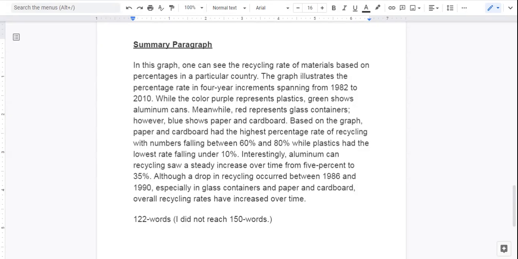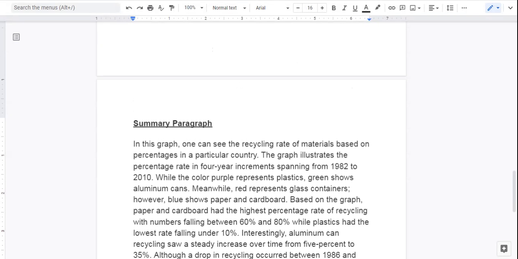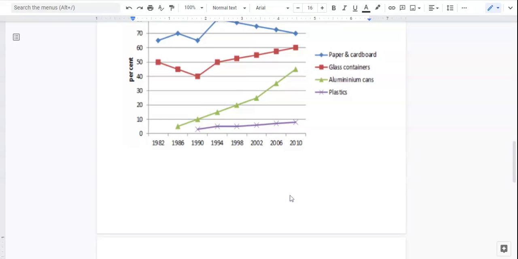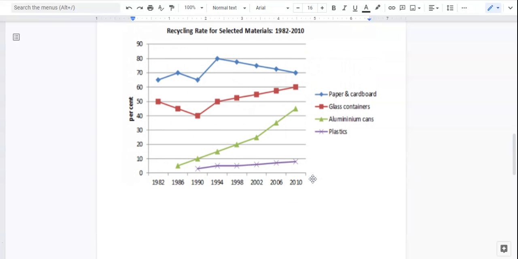So, not too bad. Again, there were some areas that I definitely should have added. I feel like I should have added this idea that of all the materials, plastics came late in the game. We didn't really start recycling plastics until after 1986.